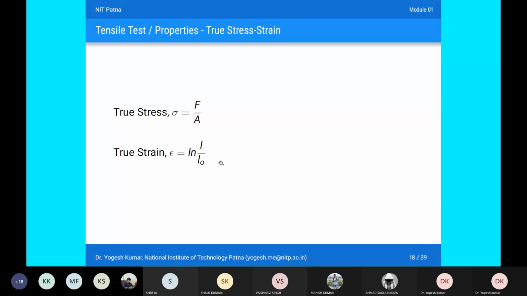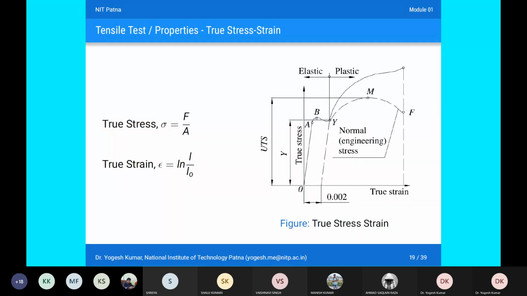So let us see on the graph how your true stress and true strain are plotted. You can see here, this is your true stress-strain curve, particularly this upper portion.